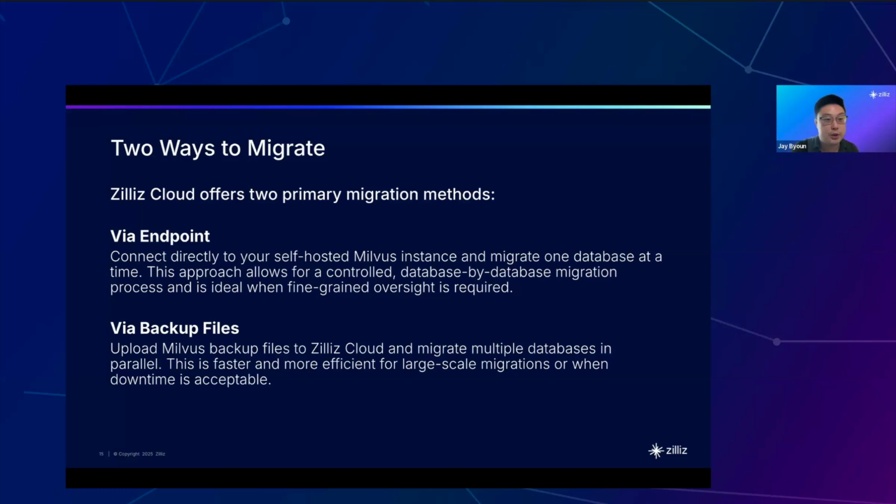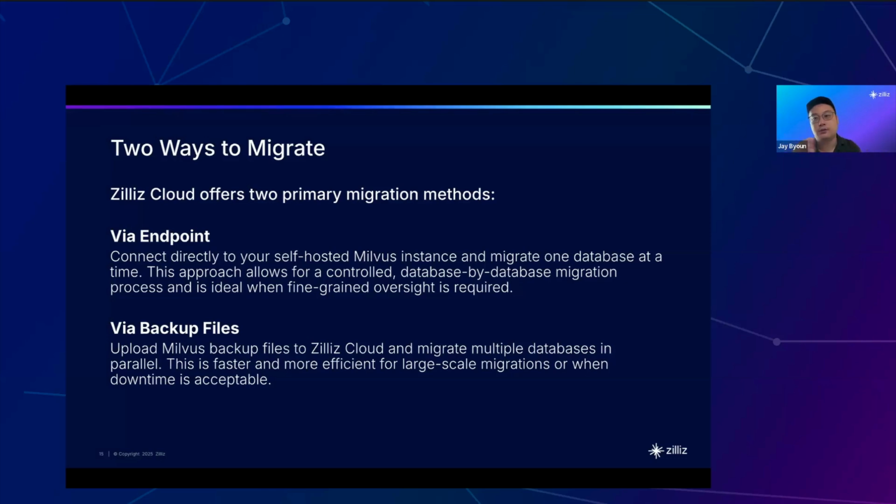The first way is to open an endpoint on your Milvus installation, and we can do the migration straight from your database. This is very popular if you're not making schema changes. You just want to do a straight migration, and you're able to temporarily turn off the writes so that we're able to get the database synced.